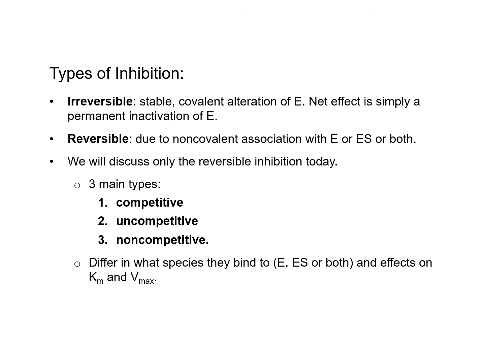Then we move to the different types of inhibition for the enzymatic reactions. We talked about irreversible and reversible inhibitions, especially focusing on the reversible ones, and also talked about these three different types, which are competitive, uncompetitive, and non-competitive inhibitions.